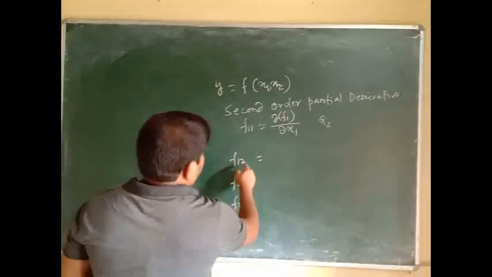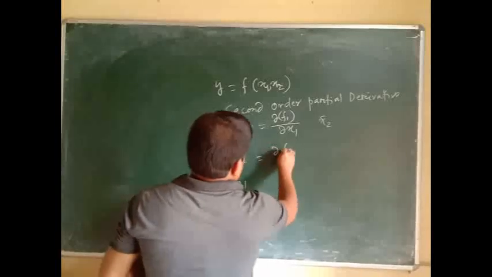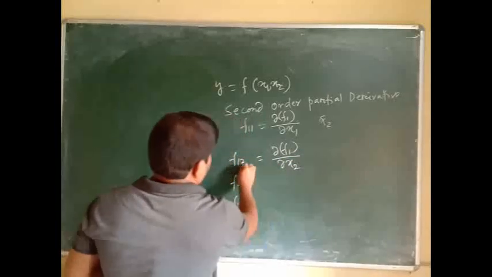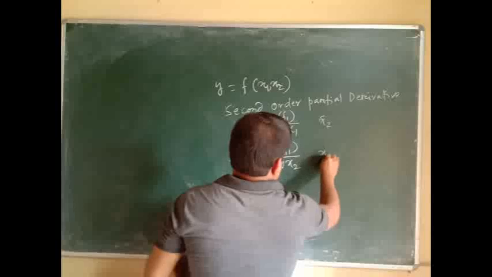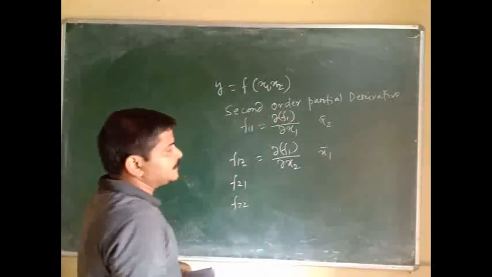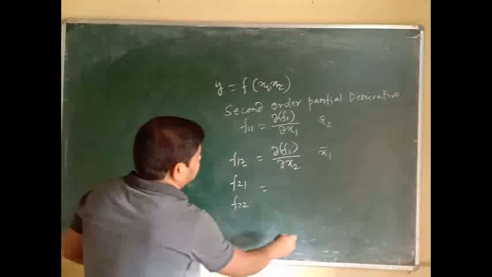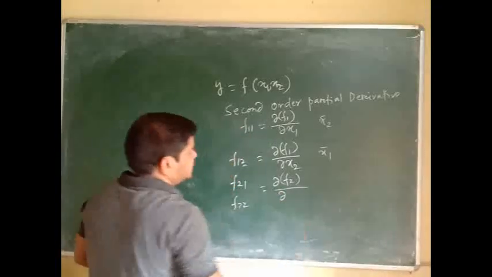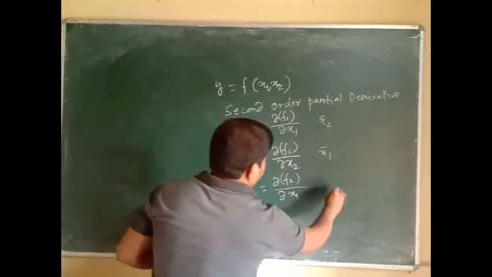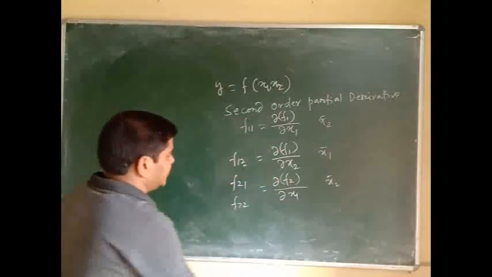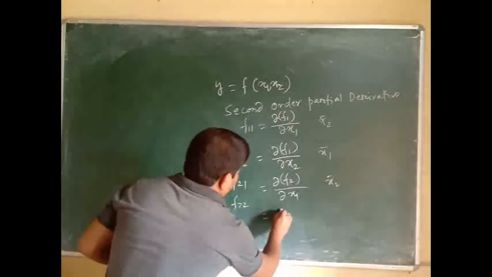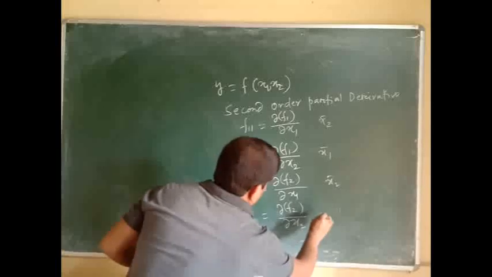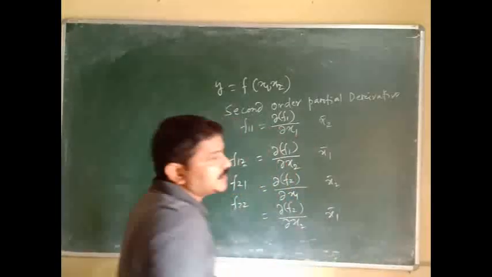Now f12, that is you are getting the derivative of f1 with respect to x2, assuming here your x1 is constant. f21 means del f2 will be differentiated with respect to x1, assuming x2 as constant, and f22 is your del f2 by del x2, assuming x1 as constant.